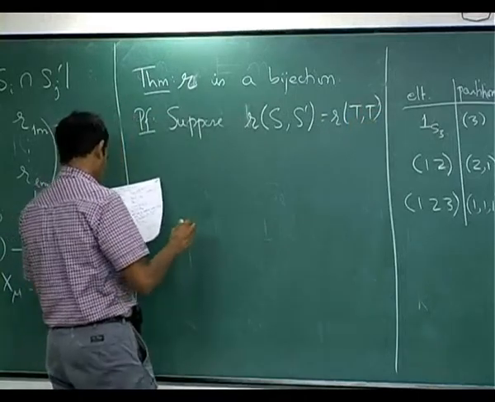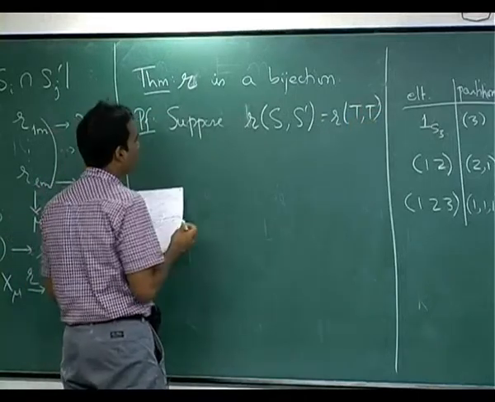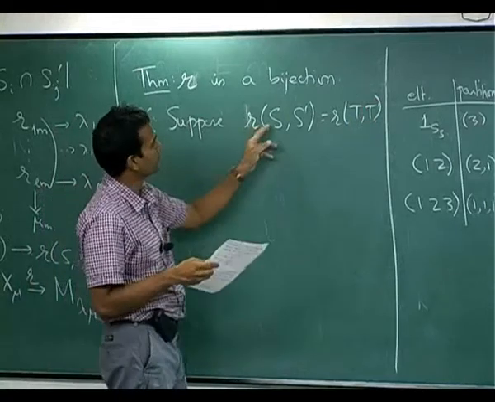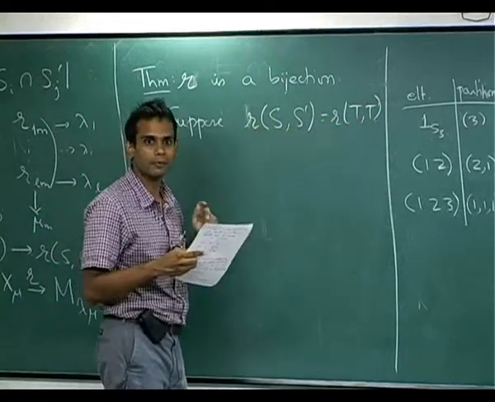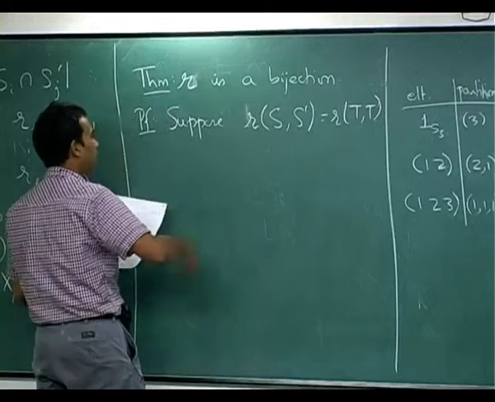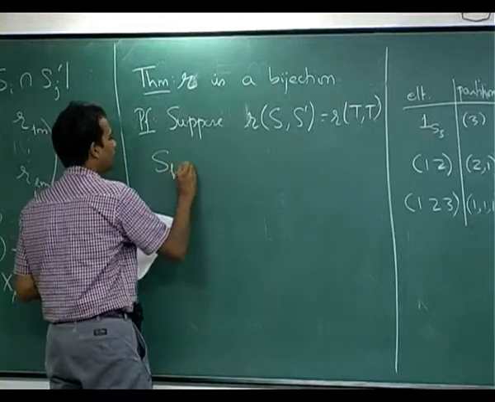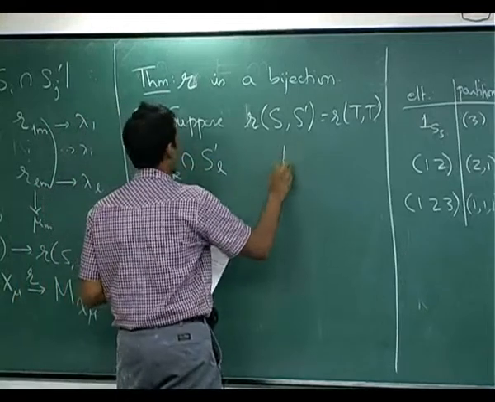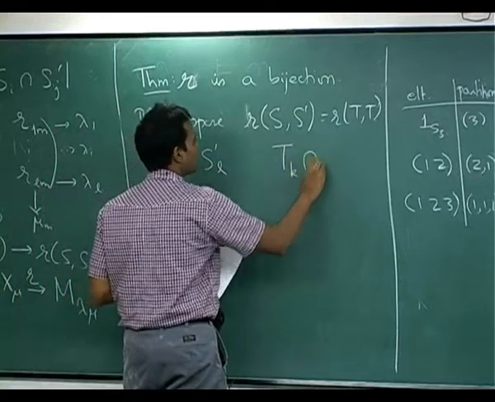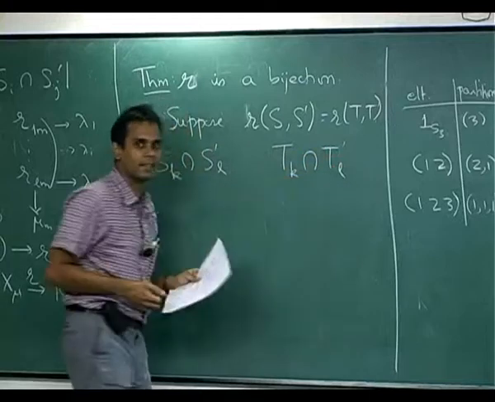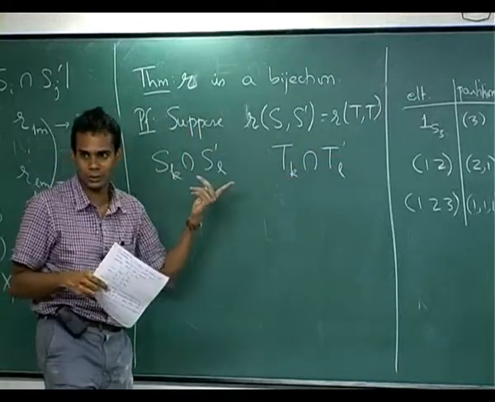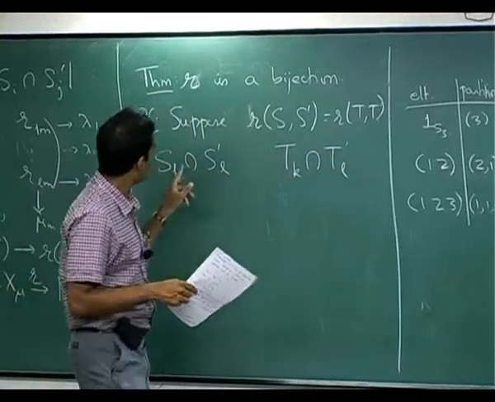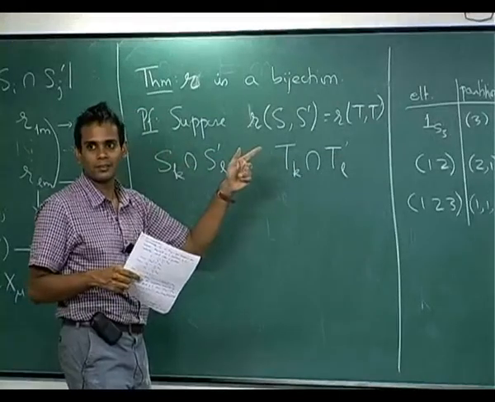Then we need to construct a permutation which takes S to T and S prime to T prime. Now the subsets Sk intersect S prime l have the same cardinality as the subsets Tk intersect T prime l. That's what it means for the R's to be the same. So they are in bijective correspondence.